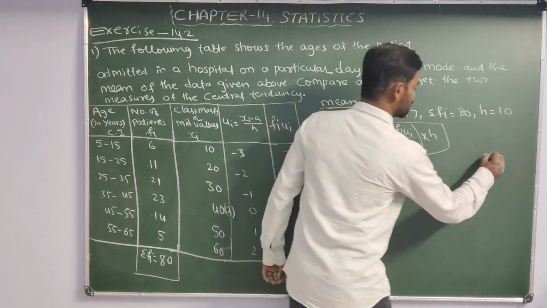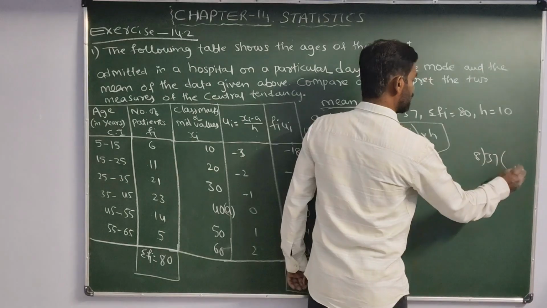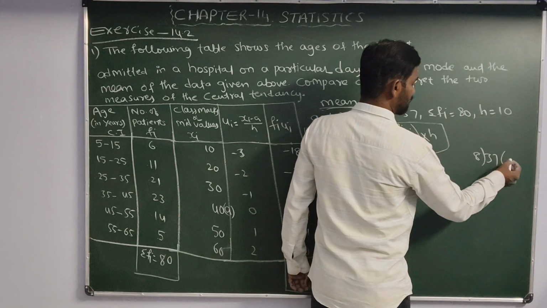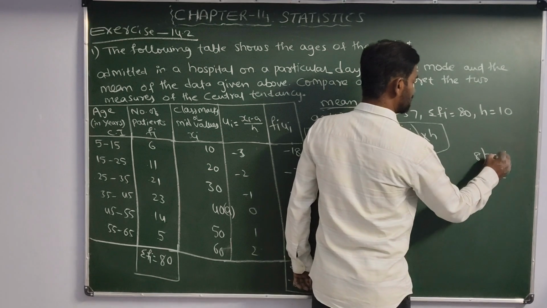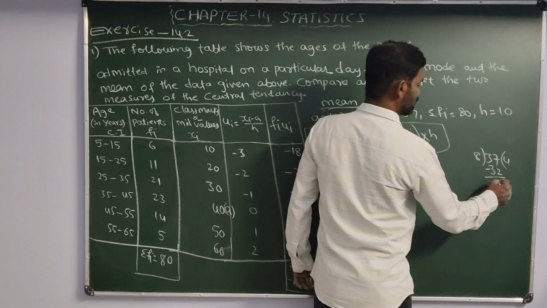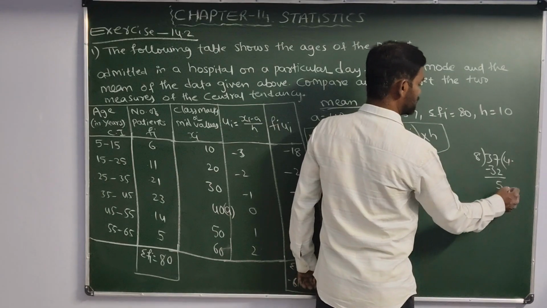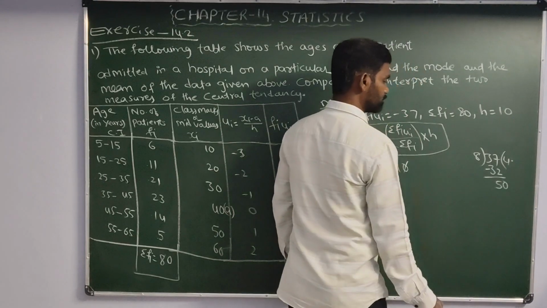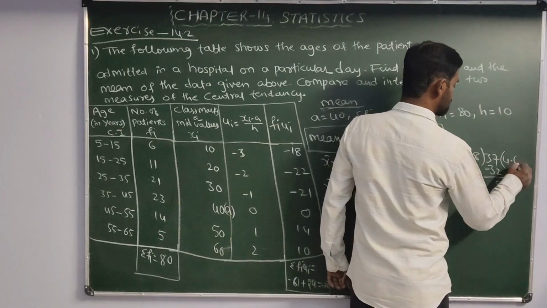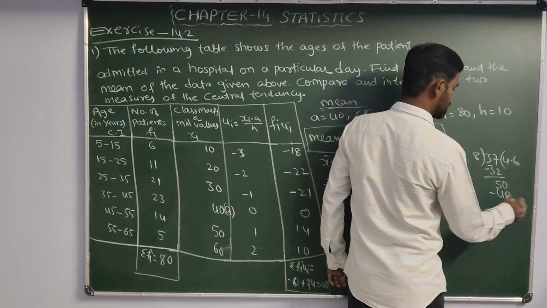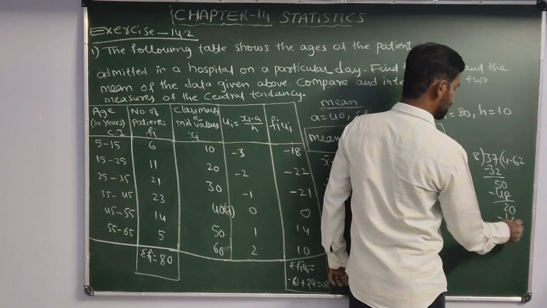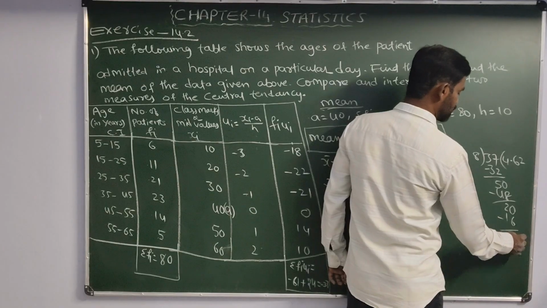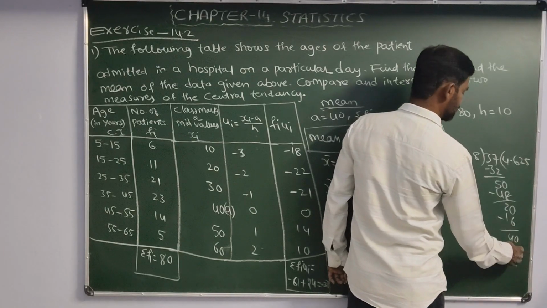Let us divide 37 by 8. 8 fours are 32, so 37 minus 32 is 5. 8 sixes are 48. 8 twos are 16, so 20 minus 16 is 4. 8 fives are 40.